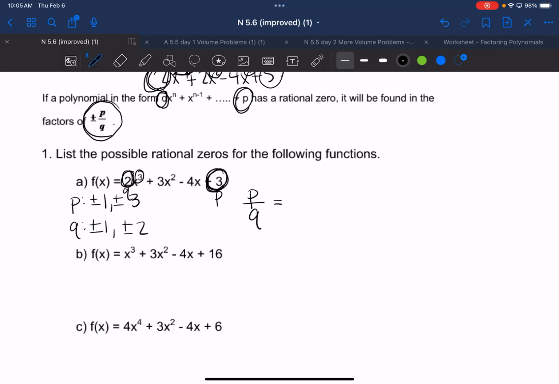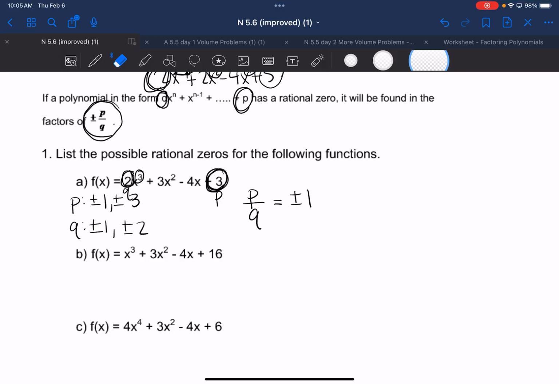Well, my first option that we had for p was this plus minus 1, right? And the first option I had for q was this plus minus 1. So if I write those as a fraction, it would be 1 over 1. Can I simplify 1 over 1 down to just 1? Okay, so my first option simplifies down to just 1. Okay? Let's say that I keep that plus minus 1 for p.